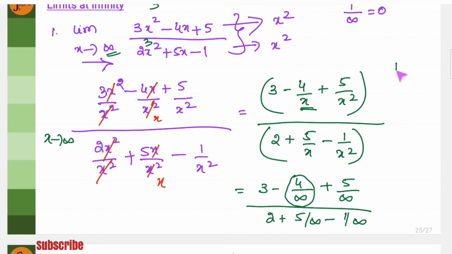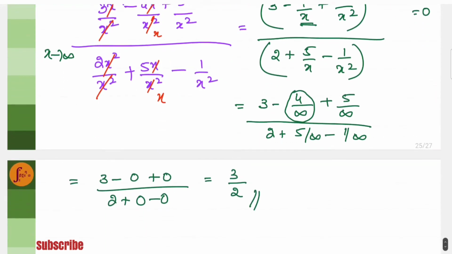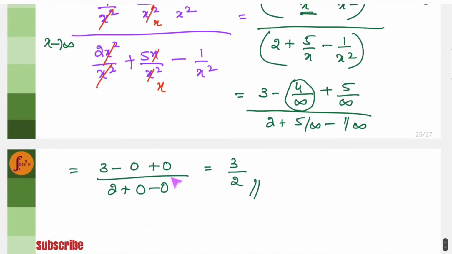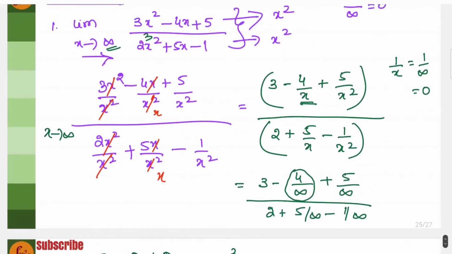When we get this 1 by x form, right, we will substitute x as infinity, and anything by infinity becomes 0. So our equation gets very simple. Everything will become 0 and we'll get the limit value. So remember this. Whenever there's an infinity, the approach is slightly simpler. Don't get confused with factorization here. Here we don't have to apply factorization because it's infinity. We will take another easier approach here.